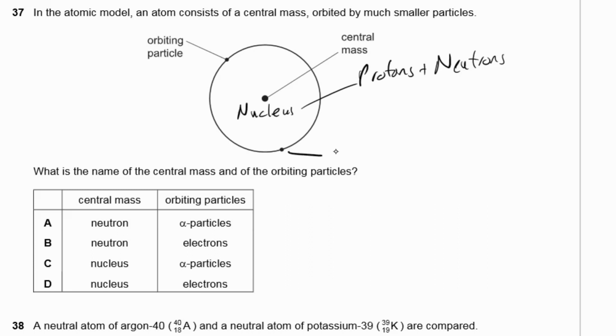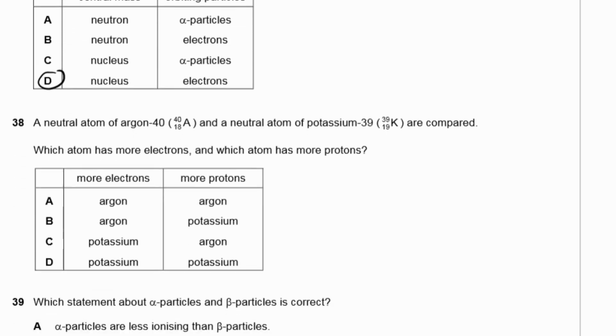And round the outside, we have an electron. Let's see what it's going to ask us. What is the name of the central mass and of the orbiting particles? Well, nucleus and electron. So central mass, nucleus. Orbiting particles, electrons. See, central mass is not the neutron. Neutrons are part of it. The protons also make up part of the central mass there.